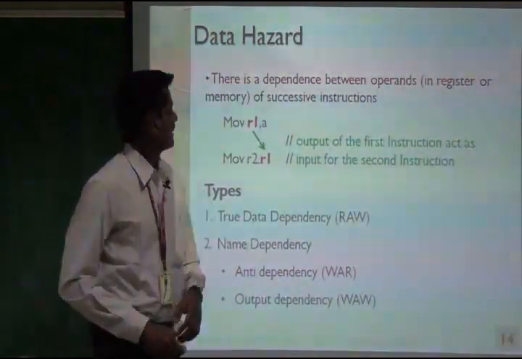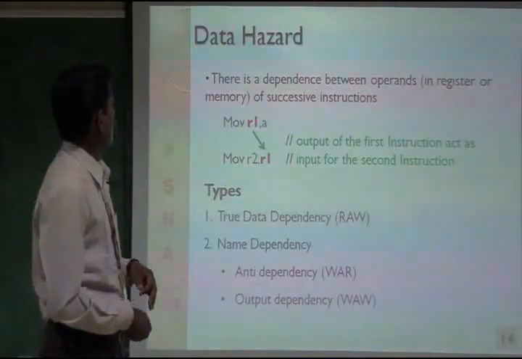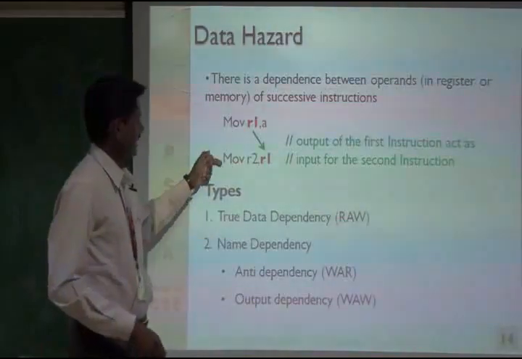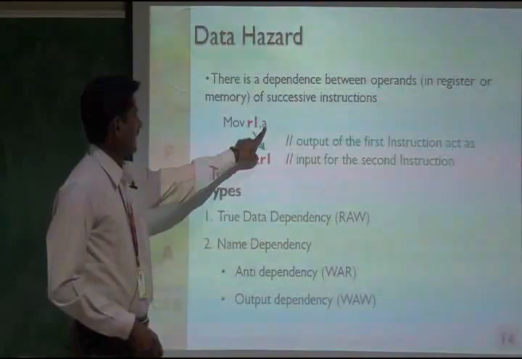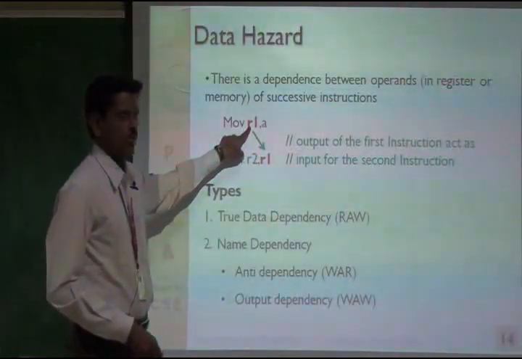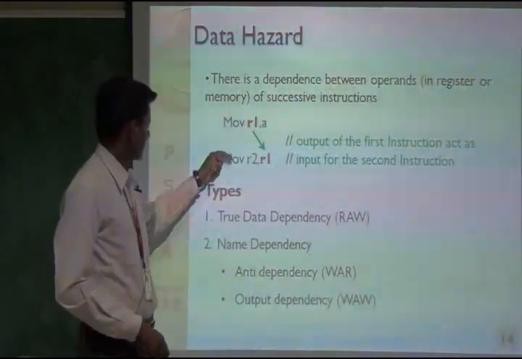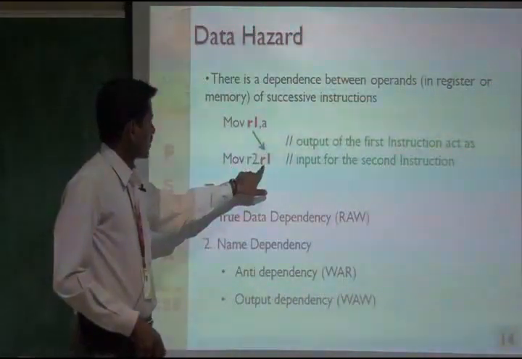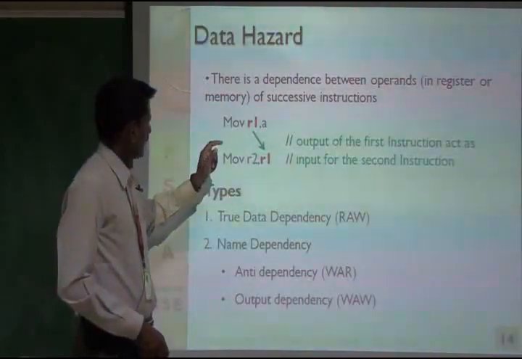Then the data hazard. There are 2 instructions, instruction 1 and instruction 2. A is the source operand, the destination is R1, that is the output of this instruction is R1. Take the second instruction: R1 is the input and R2 is the output.